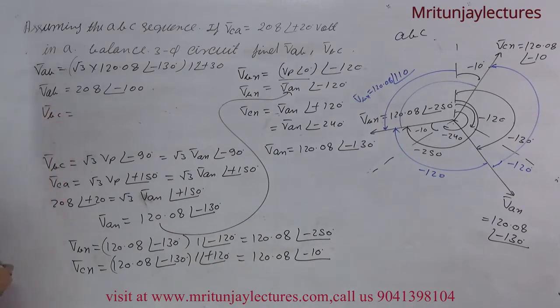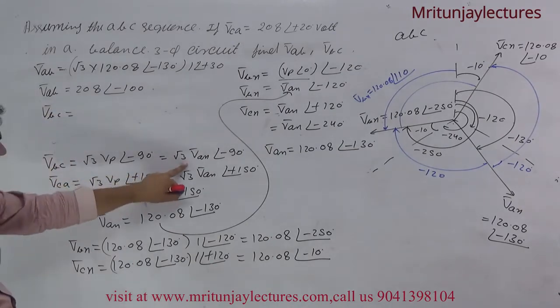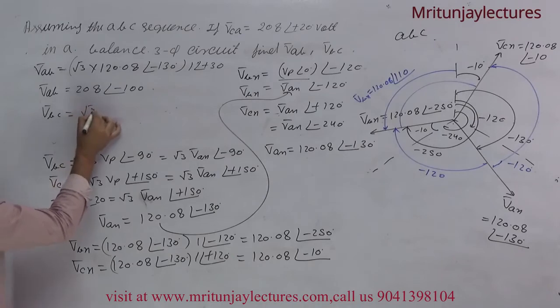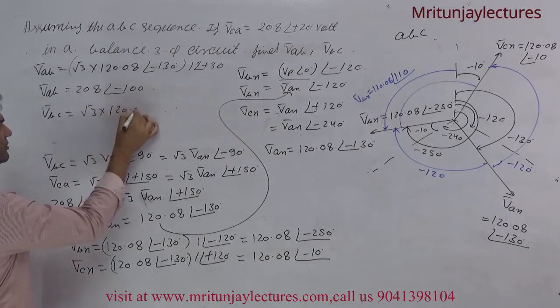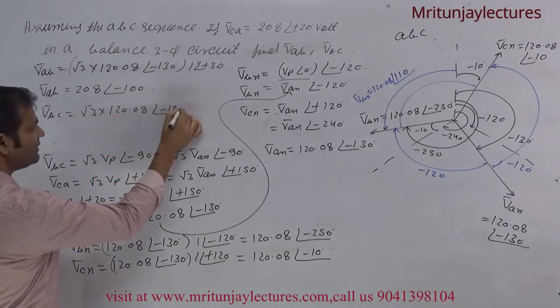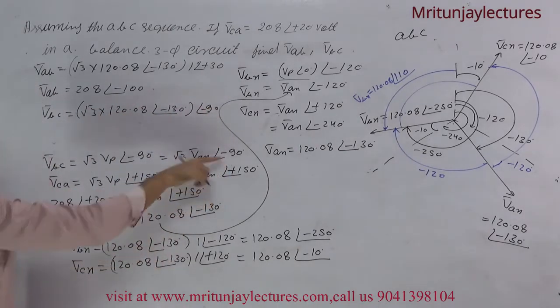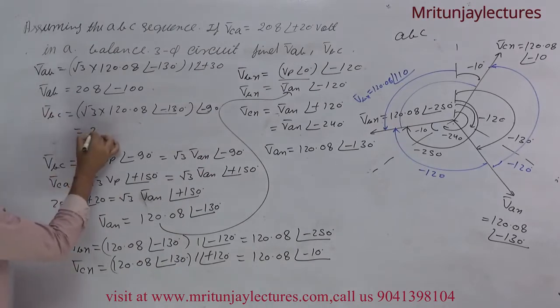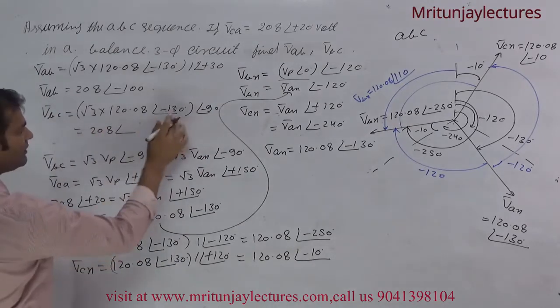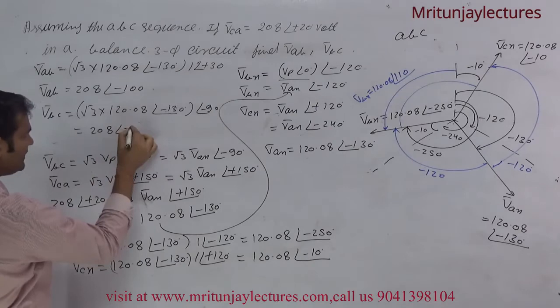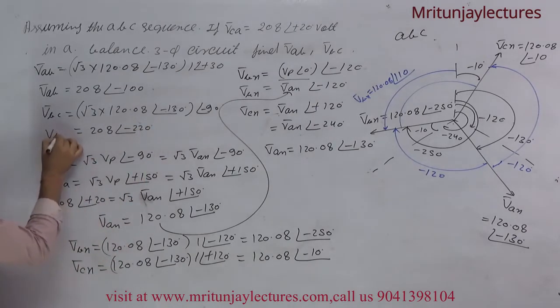Okay. Now we focus on BC. BC is root 3 AN. Root 3 AN means 120.08 at the angle minus 130 into minus 90. Clear? So finally that is 208 at the angle minus 220 volt, BC.